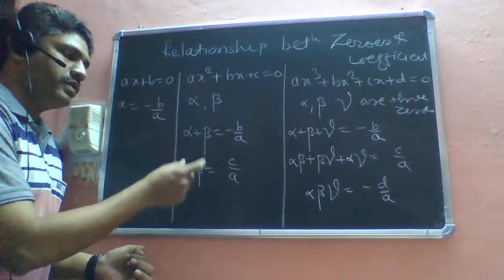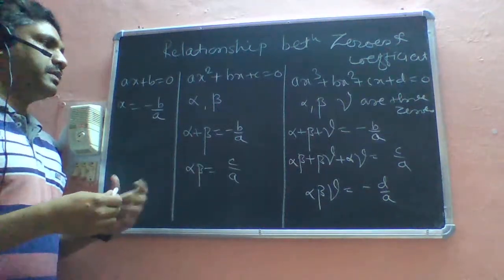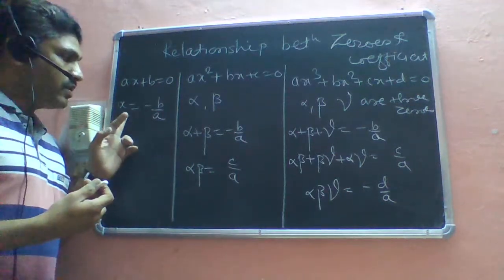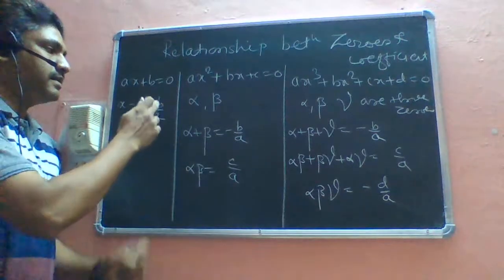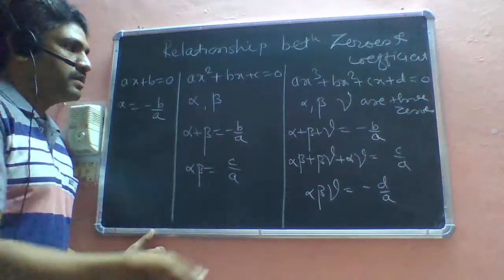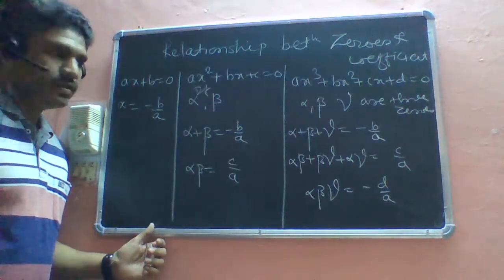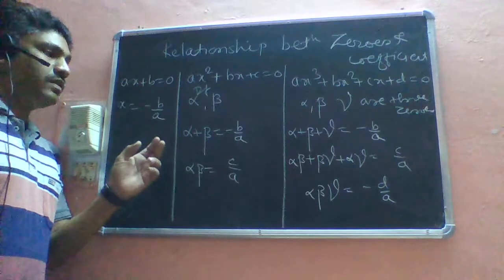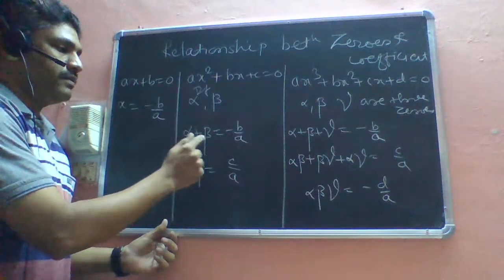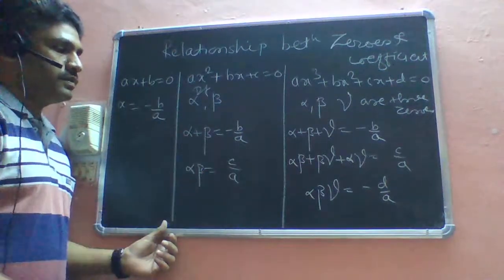The relationship we are going to prove, but for time saving purposes, I am telling you directly that this is the linear polynomial and there is only one zero, which is written in the form of minus b by a. Whereas for the quadratic polynomial, if alpha and beta are two zeros, then the relationship of their addition and multiplication is alpha plus beta equal to minus b by a, and alpha into beta is equal to c by a.